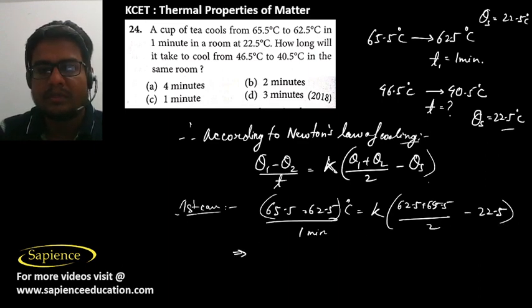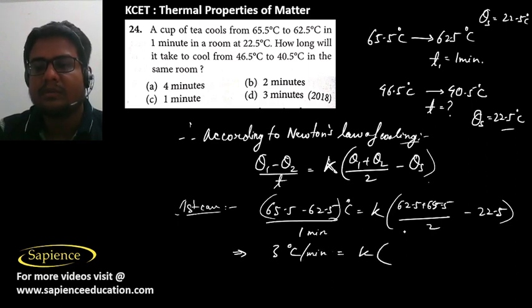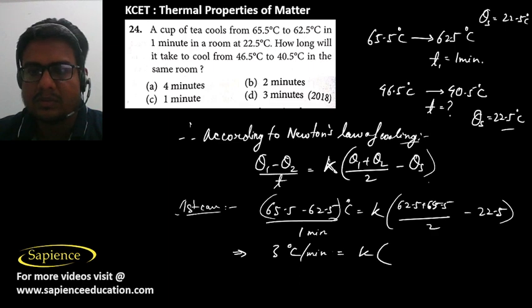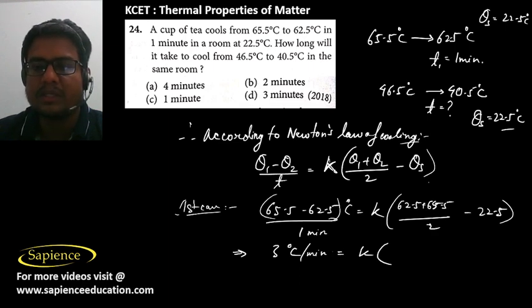So this will be 3 degrees Celsius per minute, equal to k into, this is 128 by 2, that is 64, minus 22.5, so that is 41.5, k into 41.5.